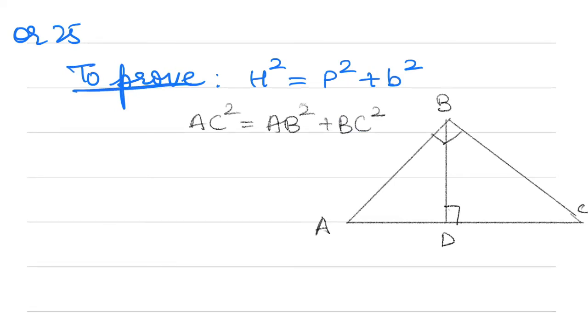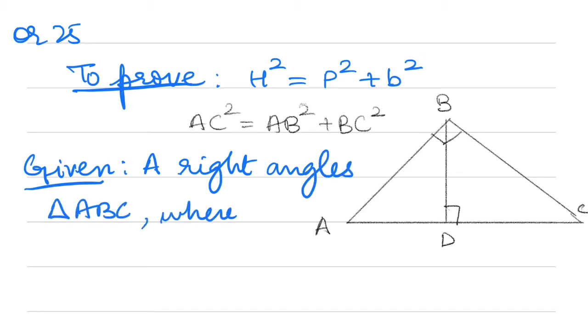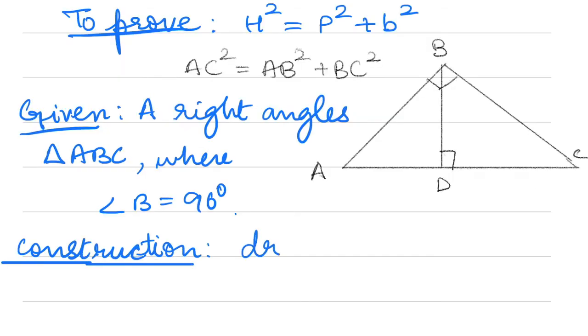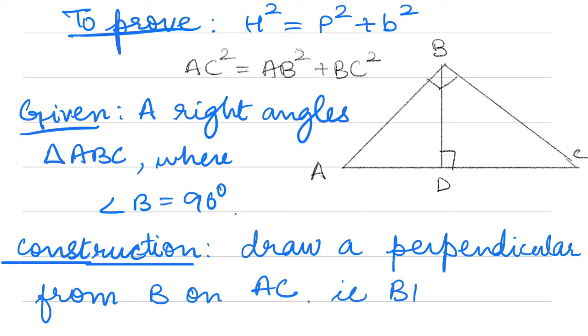This is to prove, and we are given a right angled triangle ABC where angle B is equal to 90 degree. Construction: draw a perpendicular from B on AC, that is BD.